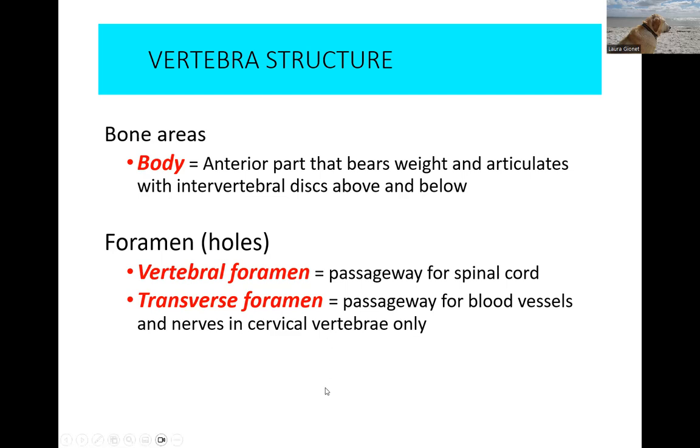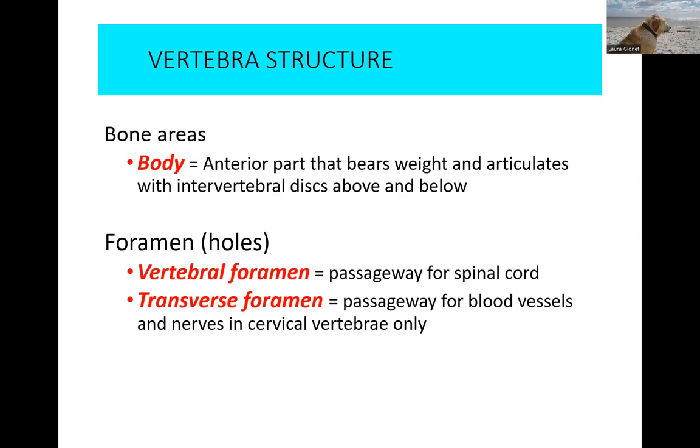Okay. Bony areas or bone areas. Well, the large part of the vertebra is called the body. It's to the anterior aspect and bears most of the weight and articulates with the intervertebral discs above and below.